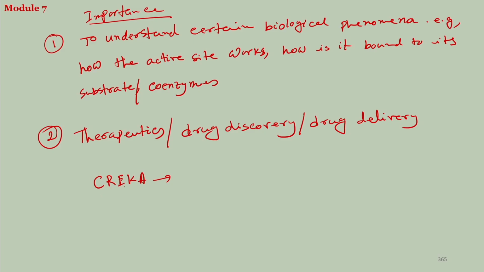So, CREKA, 1, 2, 3, 4, 5, is a pentapeptide. What is the sequence? C for cysteine, R is arginine, E is glutamic acid, K is lysine, and A is alanine.